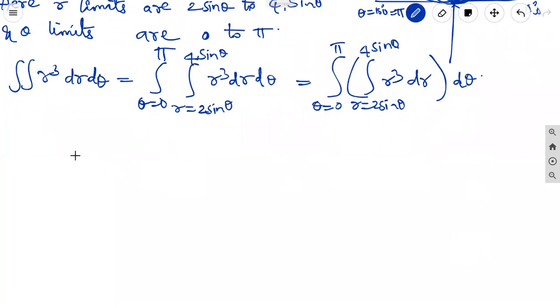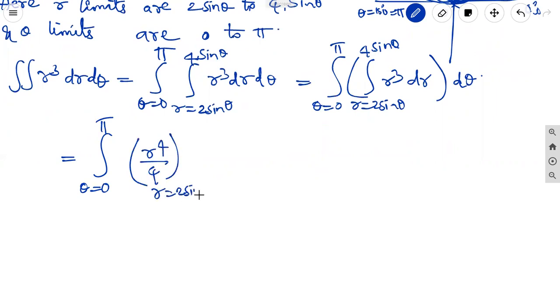Now the integration of r cube is r to the power of 4 by 4. First write the integral of theta from 0 to pi, r to the power of 4 by 4 with limits from r = 2 sin theta to 4 sin theta, d theta.